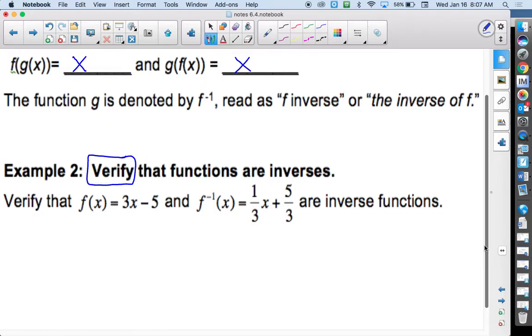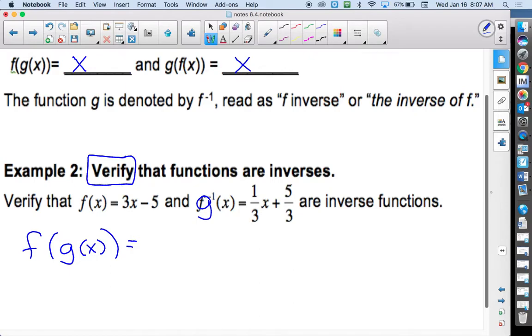So the first thing I'm going to do is change this inverse function and replace it with a g so that we can try and do this f of g of x part. And that's what it says. The function g can also be written as f -1 of x. So from yesterday, we're going to try and do f of g of x. That's the first step.